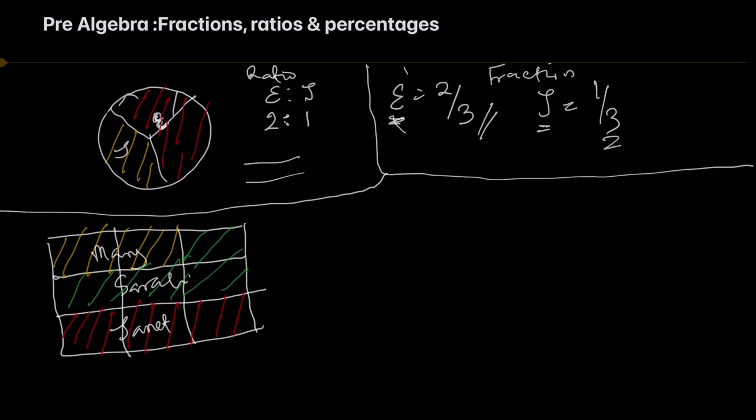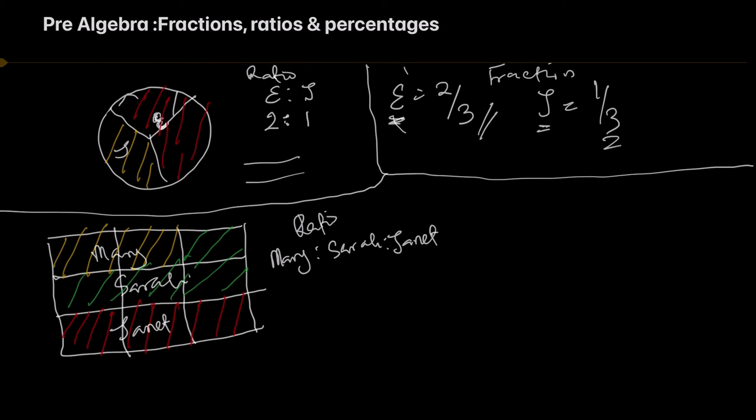So now, in this case, if we want to compare the ratio of the share of the rectangle that we have given from Mary to Sarah to Janet, then we will state Mary, Sarah, and Janet. Now the order of arrangement is very, very crucial. Why is it crucial? Because if you rearrange it, then you have to place the numbers in a different way.